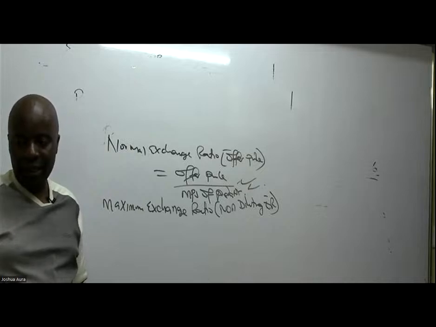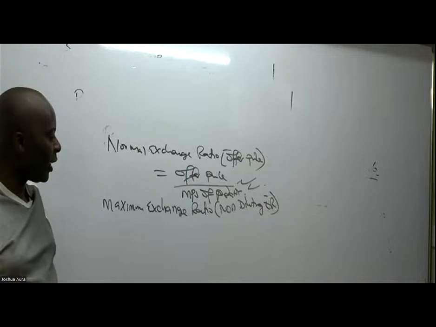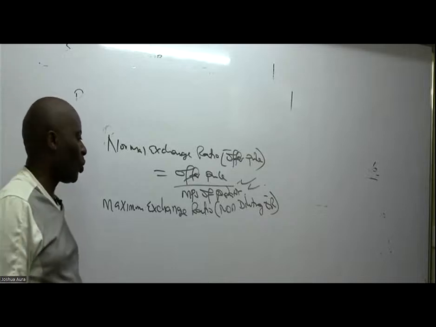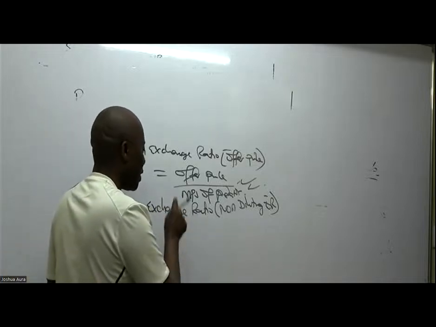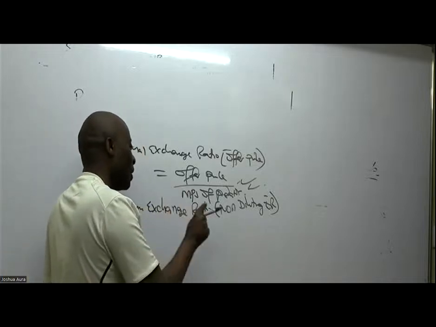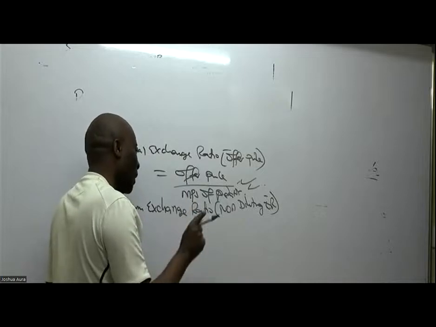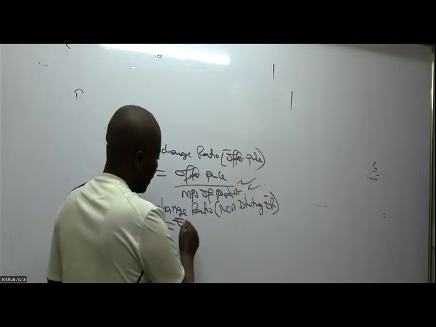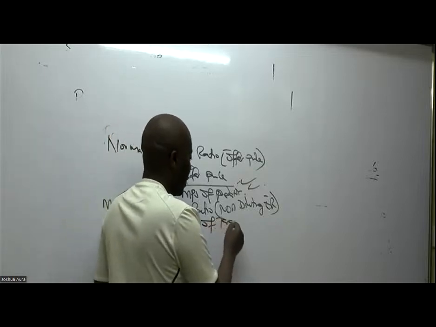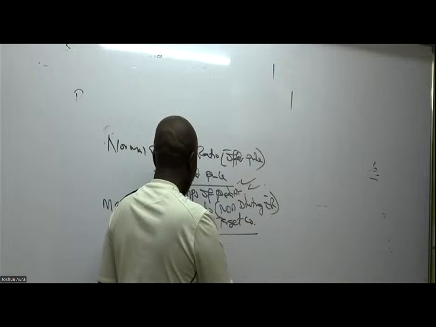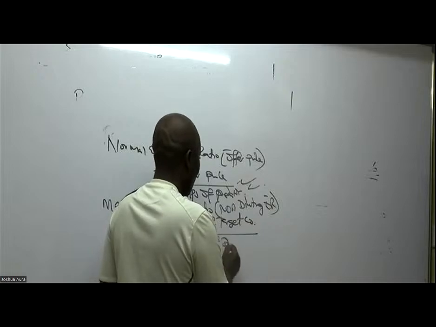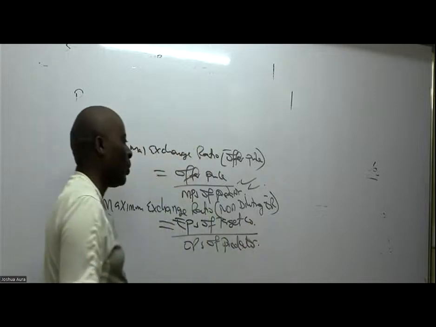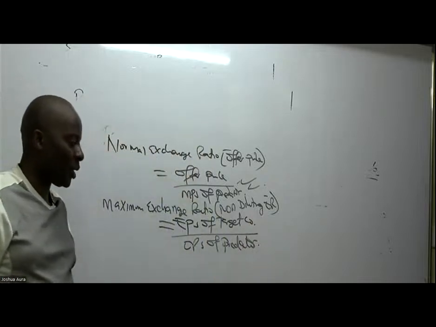If I use this exchange ratio, which is maximum, then the EPS of the company will not be diluted. How do we calculate this? We take the EPS of the target company over the EPS of the predator. Very important concept for you to appreciate.